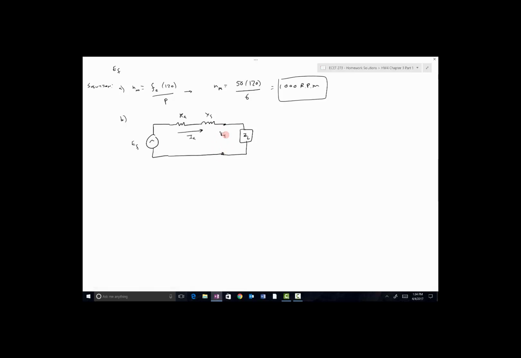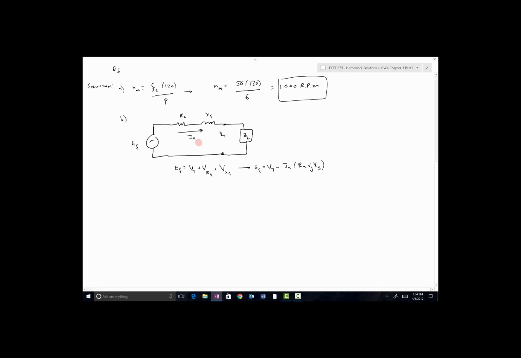So if we look at this circuit model, we have the governing equation that the excitation voltage E sub F is going to be equal to the terminal voltage V sub T plus the voltage drop across R sub A plus the voltage drop across X sub S. So that's Kirchhoff's voltage law, and if we use Ohm's law, we can write that as E sub F equal to V sub T plus I sub A times R sub A plus j times the synchronous reactance. And this is usually the formula you'll use to solve these problems. That one right there comes from this one, though, which you can easily take from the circuit model.